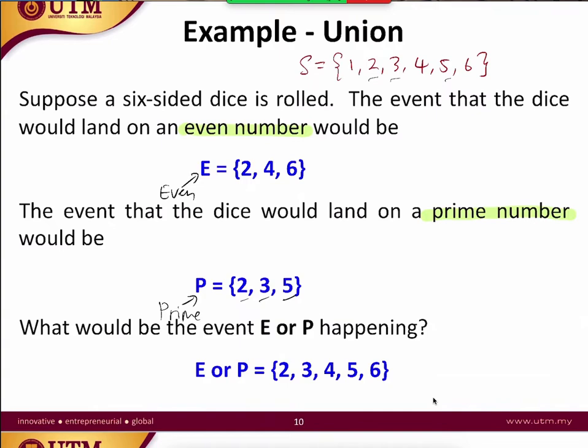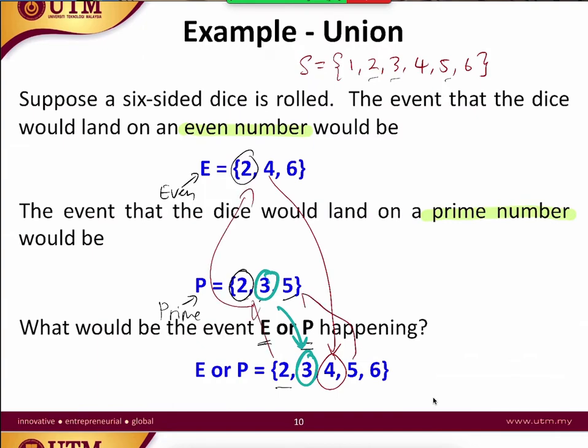We want to know the possibility that E or P happens, that is, what is the possibility of either of these happening. The outcomes we expect are that it will land on 2, 3, 4, 5, or 6. 4 comes from even, 3 comes from prime, 2 comes from both, 5 comes from prime, 6 comes from even.